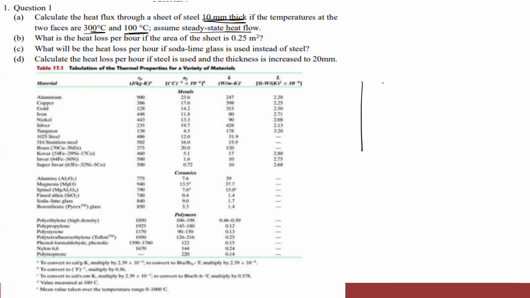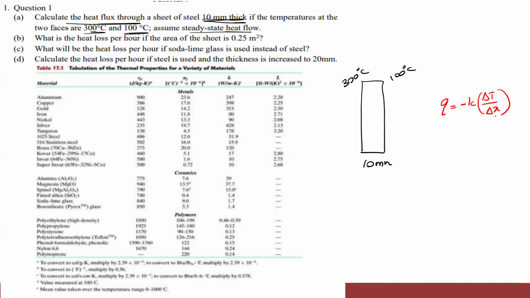So they are saying we have 10 millimeter thick steel, one side is 300 degrees Celsius, and the other side is 100 degrees Celsius. They are asking you to find the heat flux through the sheet. So heat flux, that means simple q, which equals this. Am I right?